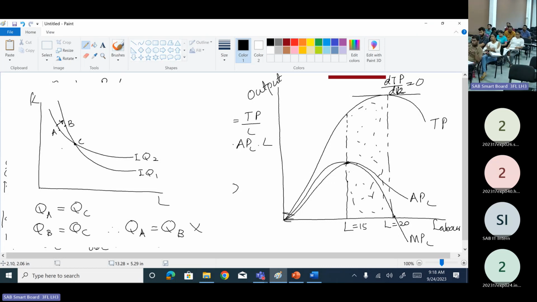The point C cannot happen; there cannot be a common point. According to the principles of the isoquant, isoquants cannot intersect each other.